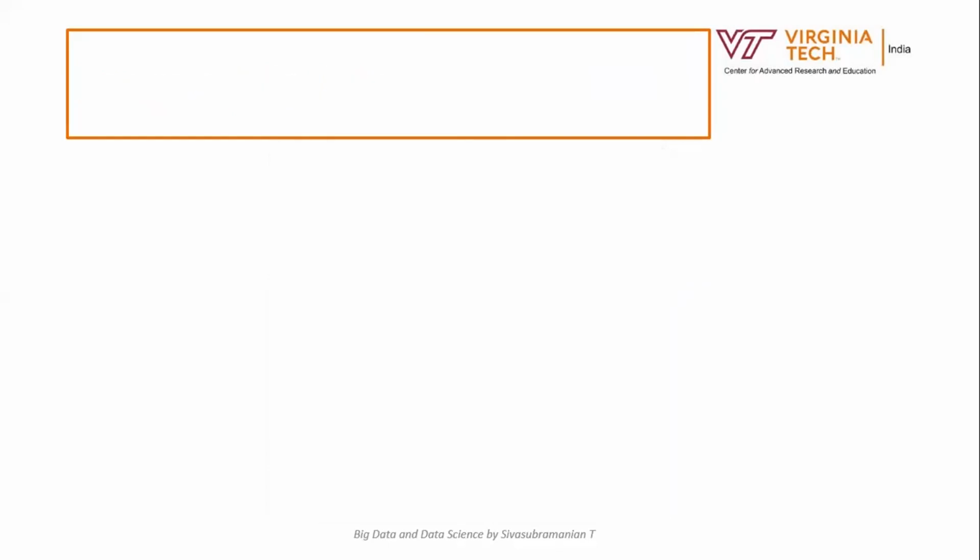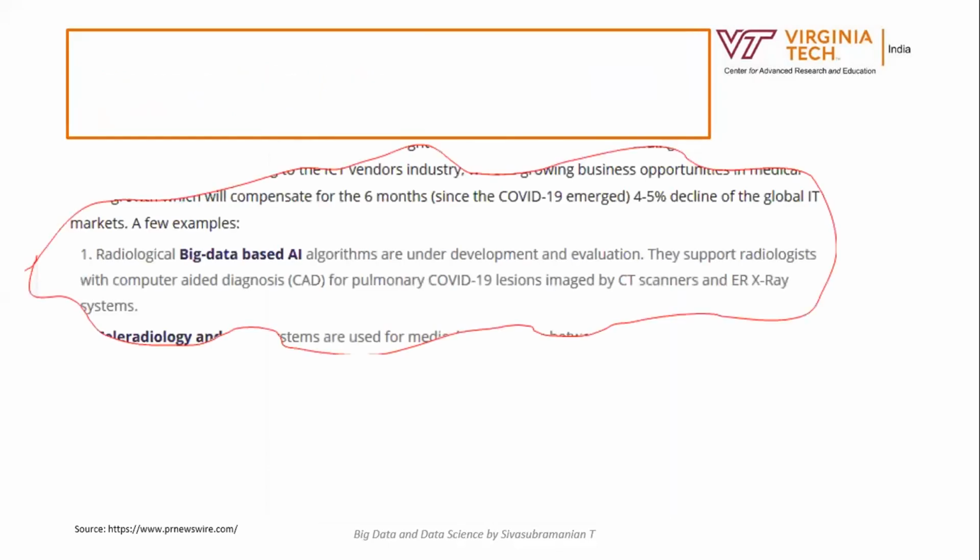Why do we need to know, what is so important? This is something I picked up from a published article on the internet: how big data and AI algorithms are helping to combat or even find the COVID infection amongst patients.